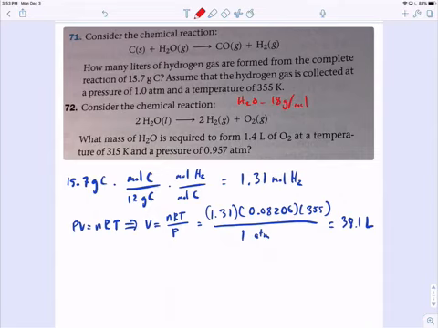So what you want to do is get the number of moles of oxygen from those data, then get the moles of water, and then get the grams of water. And don't forget that there is a 2-to-1 molar ratio between the water and the oxygen. So you need twice as many moles of water as you do O2 gas. Let's try it out.